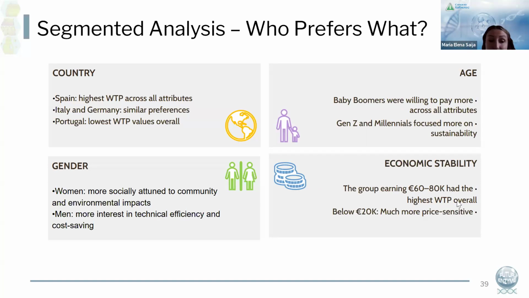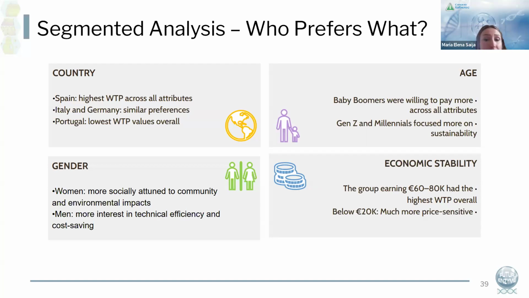The analysis related to gender, on the other hand, showed that women show a higher willingness to pay for features such as packaging sustainability and also renewable surfactant. This may reflect both traditional and contemporary gender roles, with women often being key household decision makers and more socially tuned to community and environmental impact.